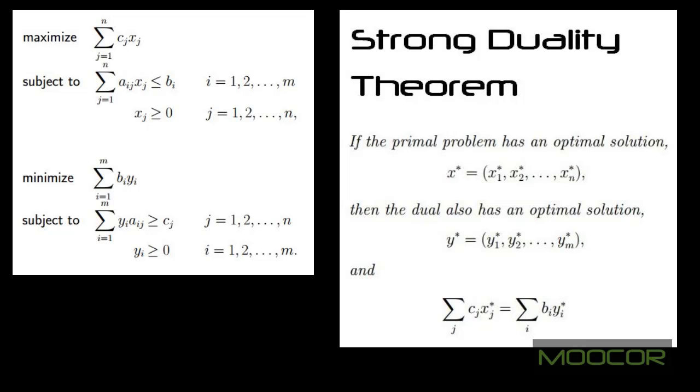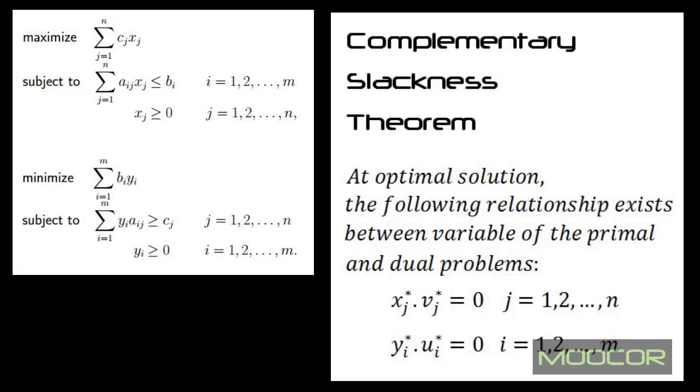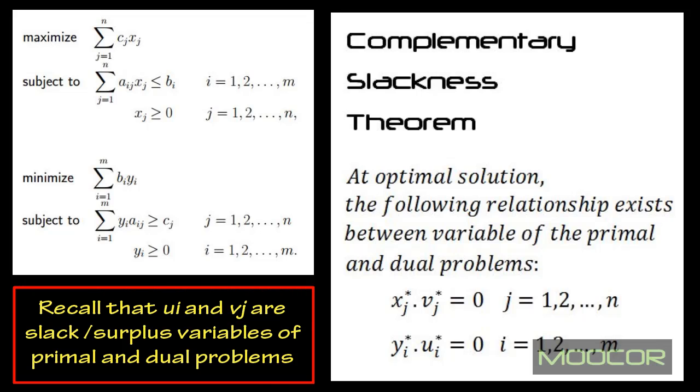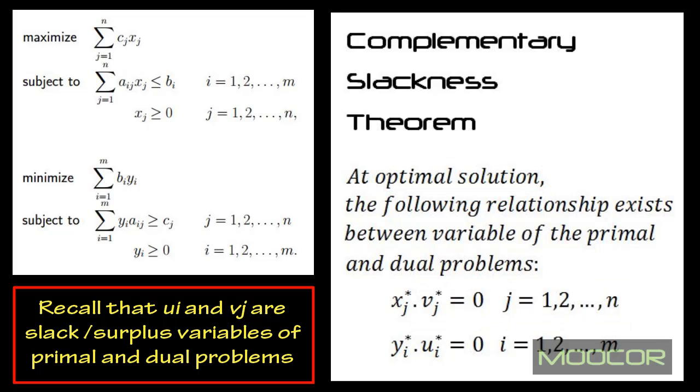Another very important set of conditions in here is called complementary slackness conditions. Some people call it a theorem, and it says that at the optimal solution, this relationship exists between the variables of one and the slack variables or surplus variables of the other problem. At the optimal solution, if you multiply xj star by vj star, you will get 0, or yi star times ui star, you will get 0.